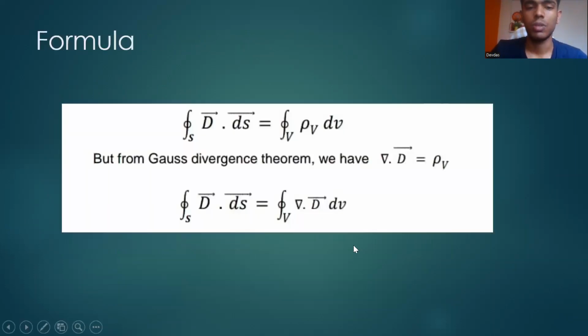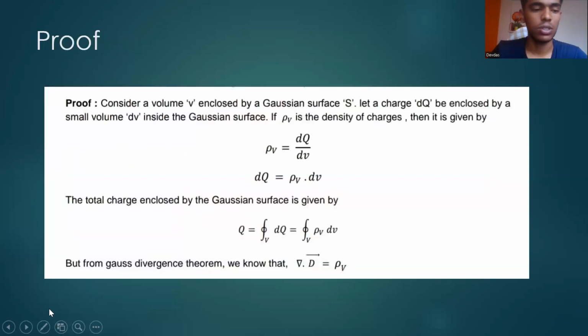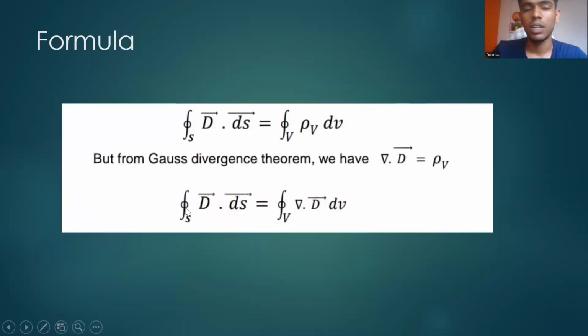So this is what the statement says. The integral of the divergence of the enclosed surface. So this symbol represents the enclosed surface, which is equal to the volume integral of divergence.